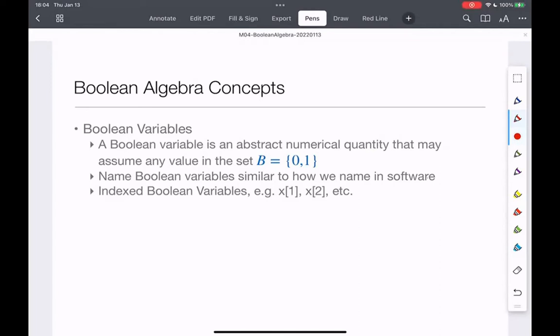Any two things will do, A, B, true, false, whatever. Normally, we use 0 and 1, and also normally we call 0 to be false and 1 to be true. But yes, frankly, there are just two things. That's all that matters. We name Boolean variables much like we do in algebra, right? I mean, or in a programming language.